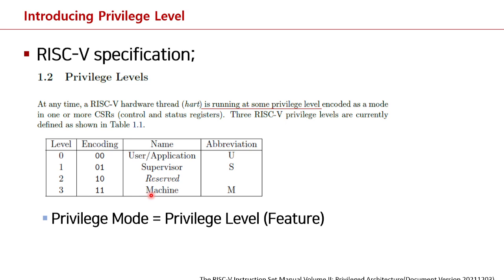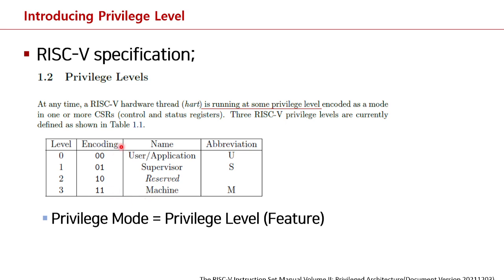The machine mode is the most important privilege mode in RISC-V architecture, because you have to implement the features in the machine mode when you develop your project in RISC-V architecture.